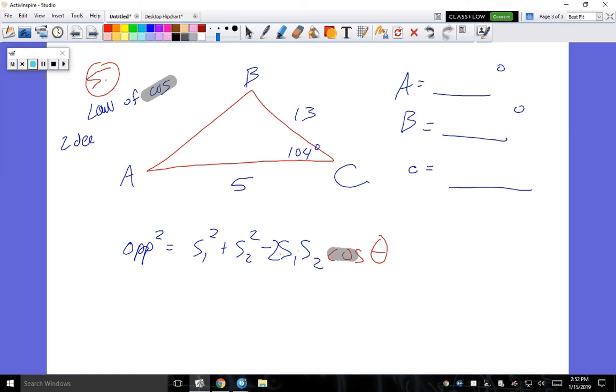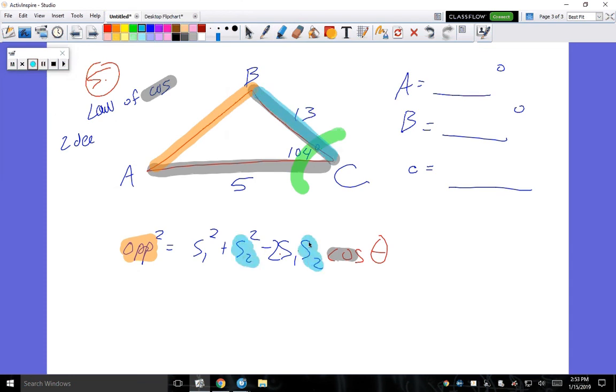Can I find a side angle side? Yes or no? Yeah. I see a side angle side, and it's shooting across to the opposite. You with me? So let me color coordinate this one as blue. So that side 2 is blue. Side 1 is 5.